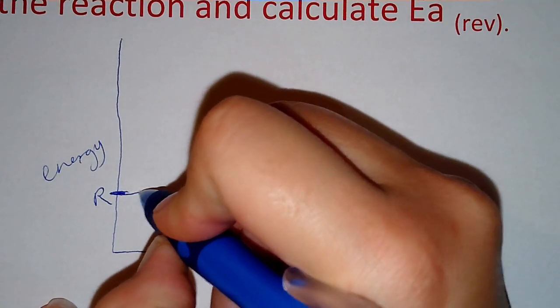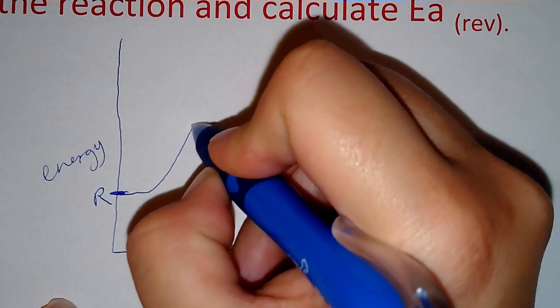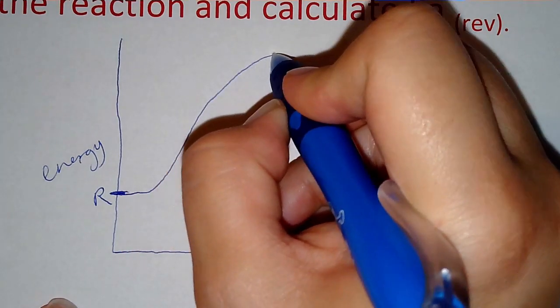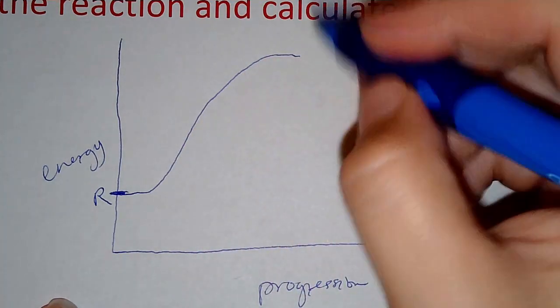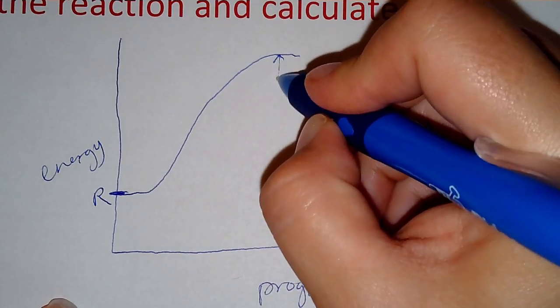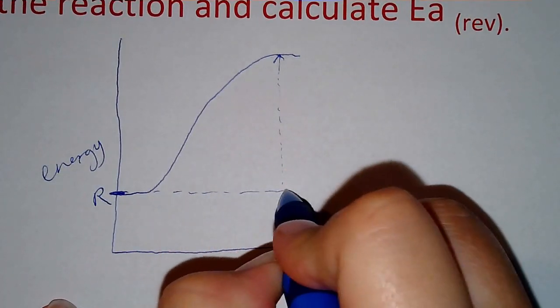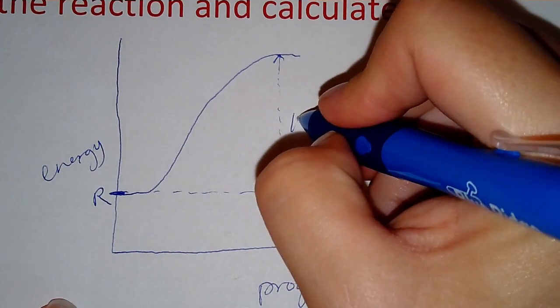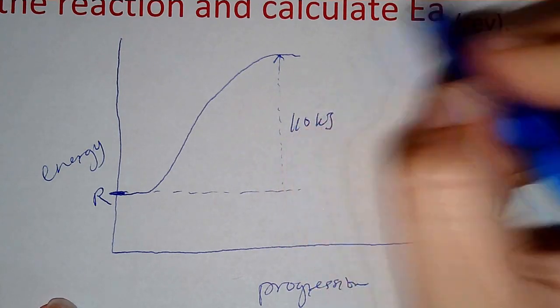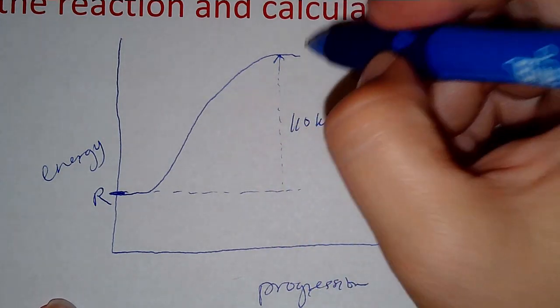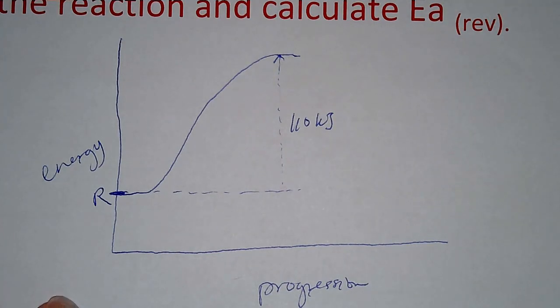Then I have activation energy of 110. So we're going to draw a point, top of this peak, going down here is going to be 110 kilojoules. Alright, and then it says the delta H for the reaction is 92. Notice it's positive, so that means it's going to be an endothermic reaction.